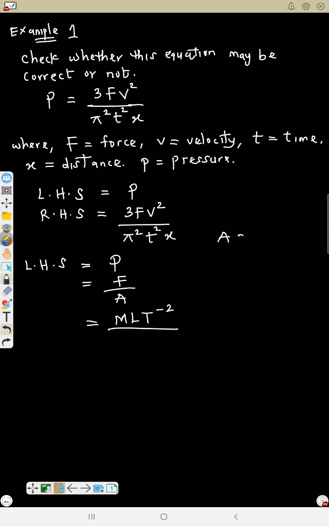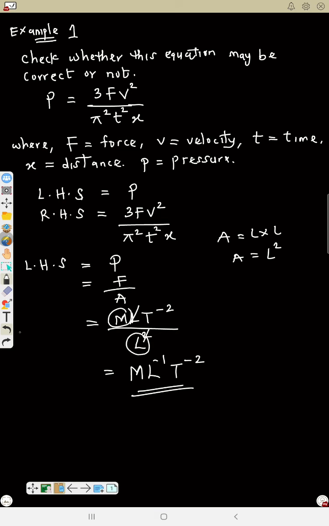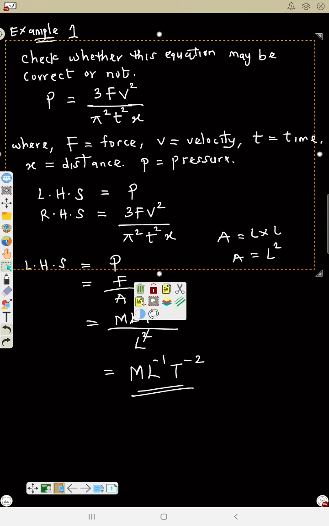Area is equal to length times length, so area is L square. That means the dimension of area is L square. So one L will go here. So the dimension of pressure is M L raised to power minus 1 T raised to power minus 2. This is M over L, so L will carry power minus 1. So this is the dimension of pressure. Now let's do the right hand side also to confirm.